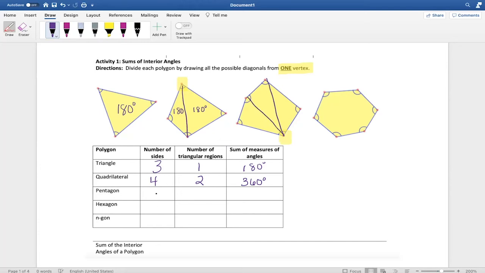All right, and our pentagon has 5 sides. There are 3 regions. And each region, again, if I were to add up the angles within that region, would have a total of 180 degrees. So we have 3 regions with 180. That would give us a total angle degree of 540.